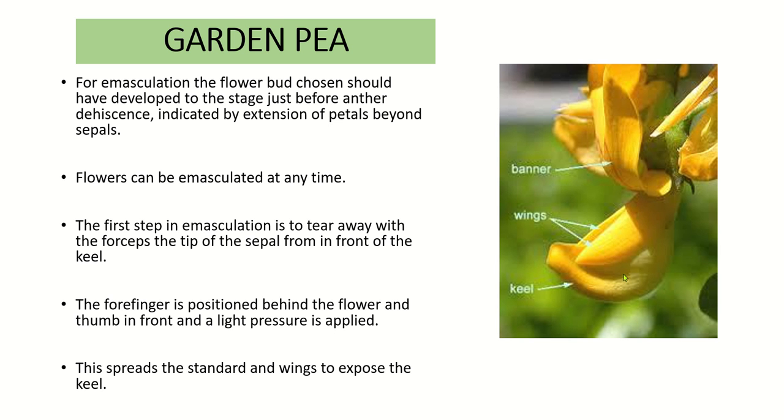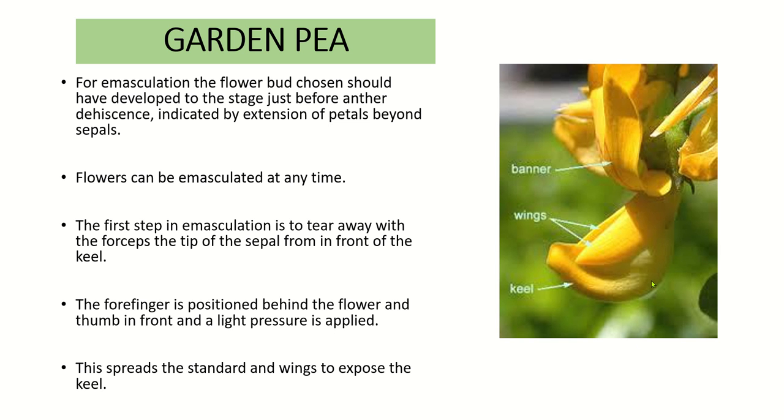You can directly remove the keel petal, and in some legume crops the anthers are attached with the keel petal. When you pull out this keel petal with the help of forceps, all the anthers automatically come out of the flower.